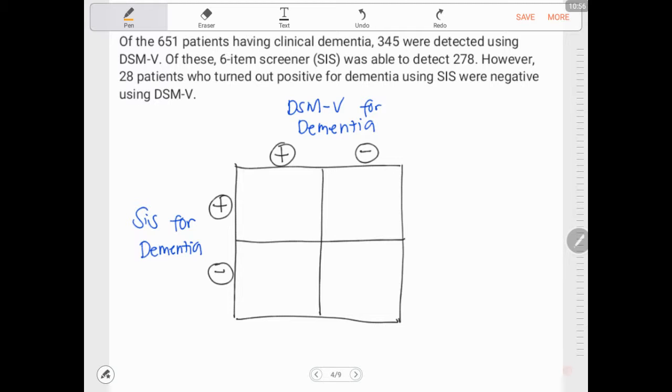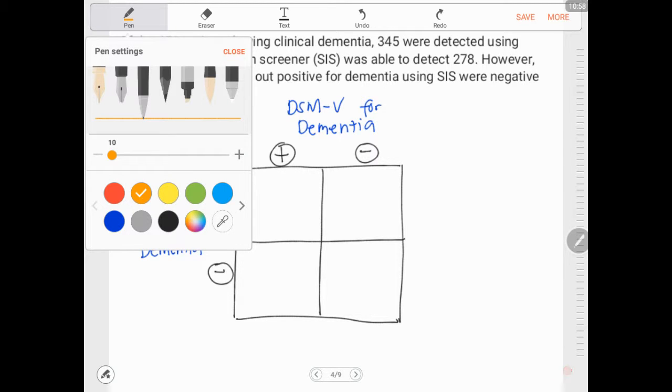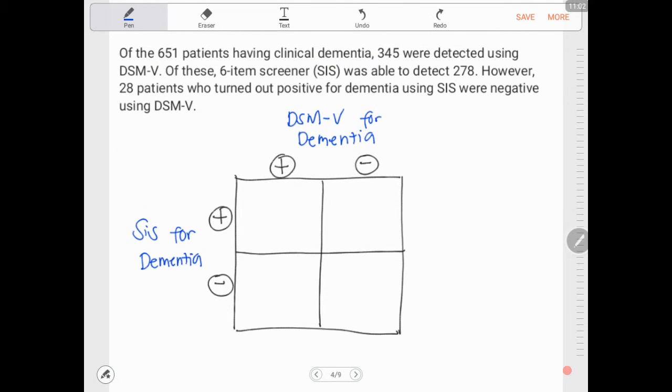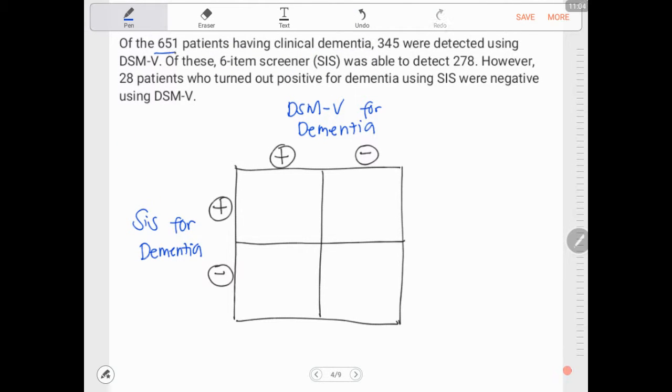Now, it says here that of 651 patients having clinical dementia, that means all in all, lahat ng patient na nag-participate, it's 651. If nakalagay yan dyan, you put it right away dito sa gilid na total is 651.